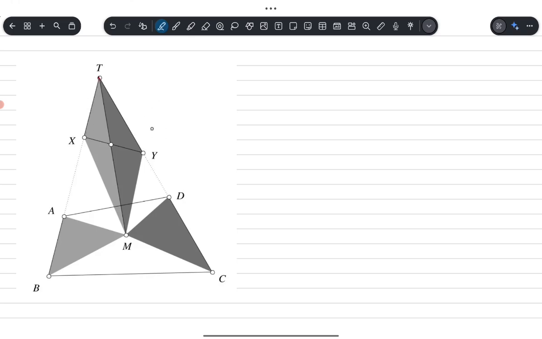Perfect. Now, the geometrical condition that we were provided with was MAB should be equal to MCD. These two triangles, right? If you notice, then MAB is equal to MTX, the area I'm talking about.